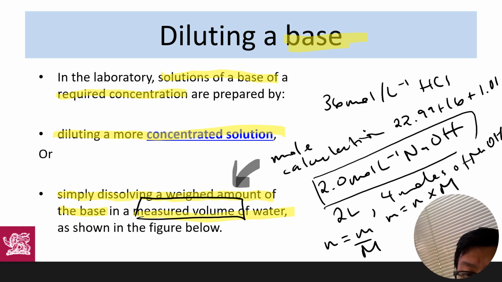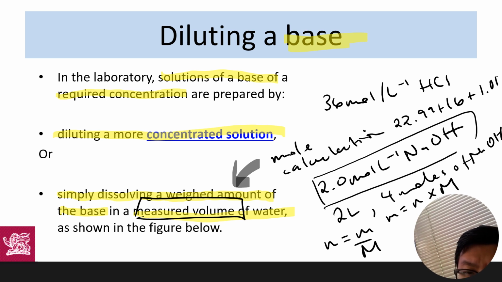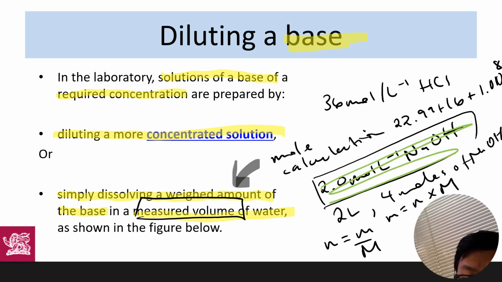And then you would find out the mass of the sodium hydroxide you would need to make this concentration.